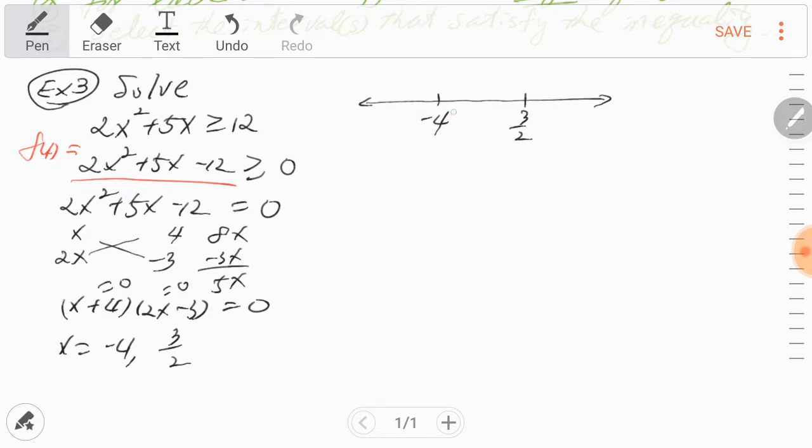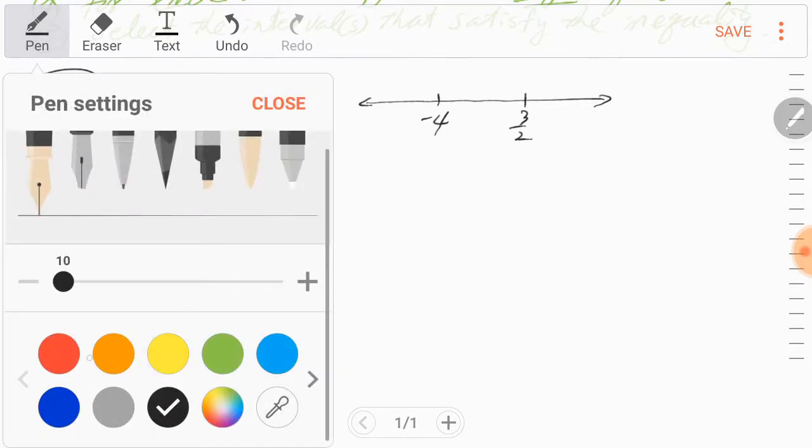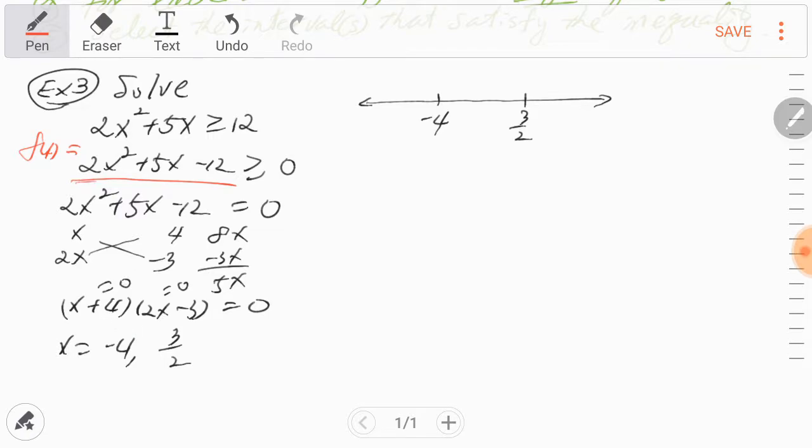So let's check the sign of y, the function, for each interval. So in this case, this trinomial is equal to this product. So why don't we use this product? Because we can find the sign, positive or negative, easily.